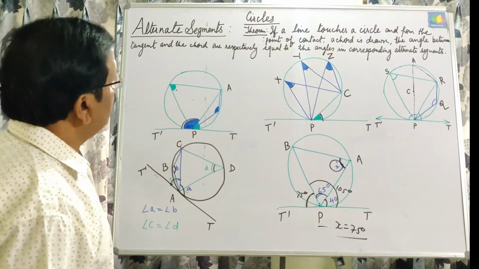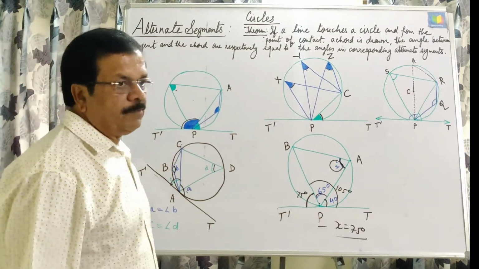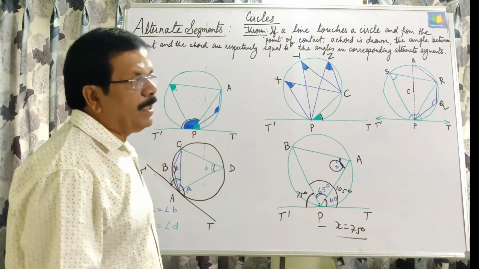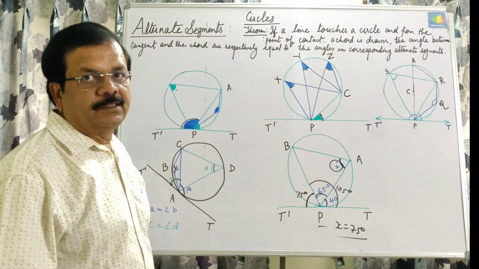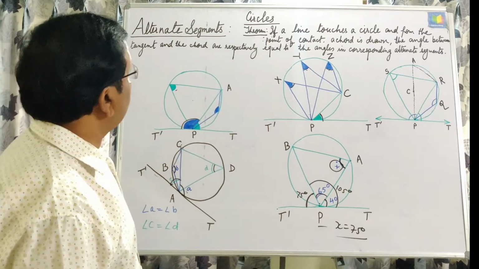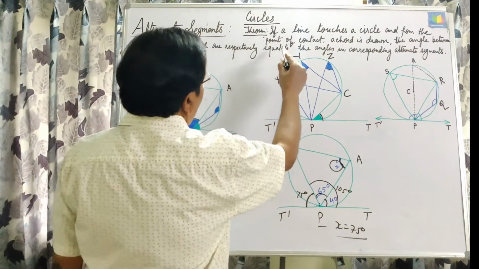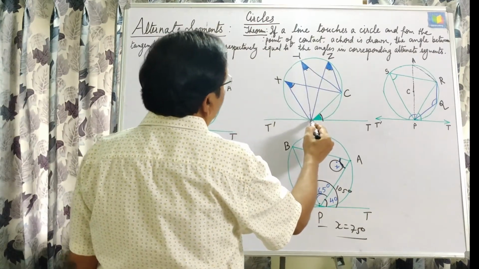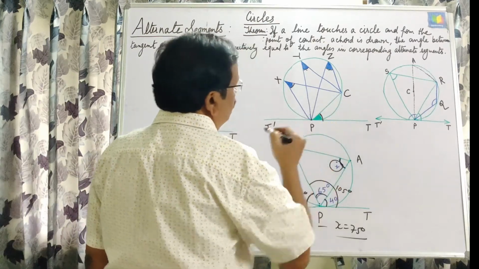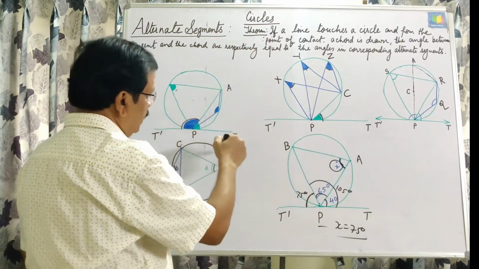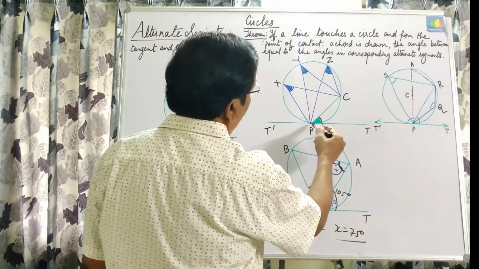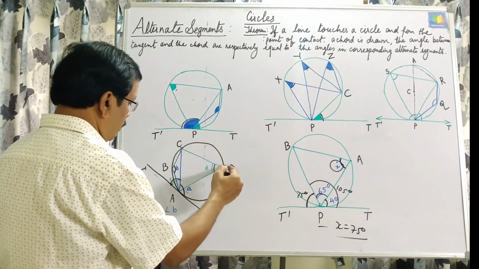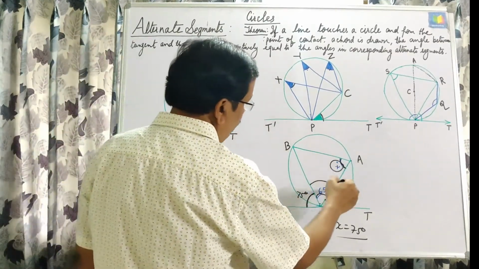Now we will study the theorem related to this. Actually, this theorem can be renamed as the chord tangent theorem, or alternate segments theorem. The statement is, if a line touches a circle and from the point of contact a chord is drawn, in any figure you can see, we have drawn chord PC here, chord AP, here chord AD, and here chord AP.